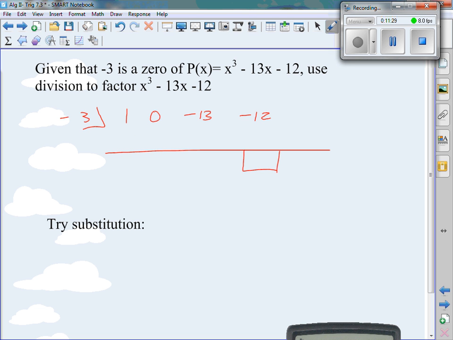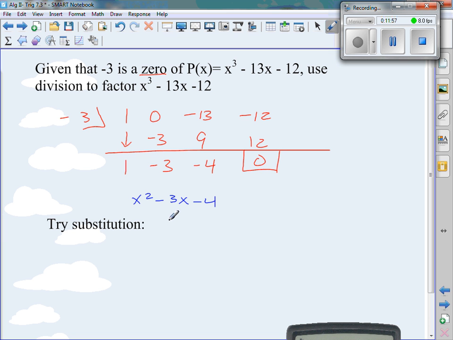Go down. 1, negative 3, negative 3, negative 4, 9, negative 4, 12, 12, 0. If it tells you it's a 0, you should get 0. What's the last one? X squared minus 3x minus 4.